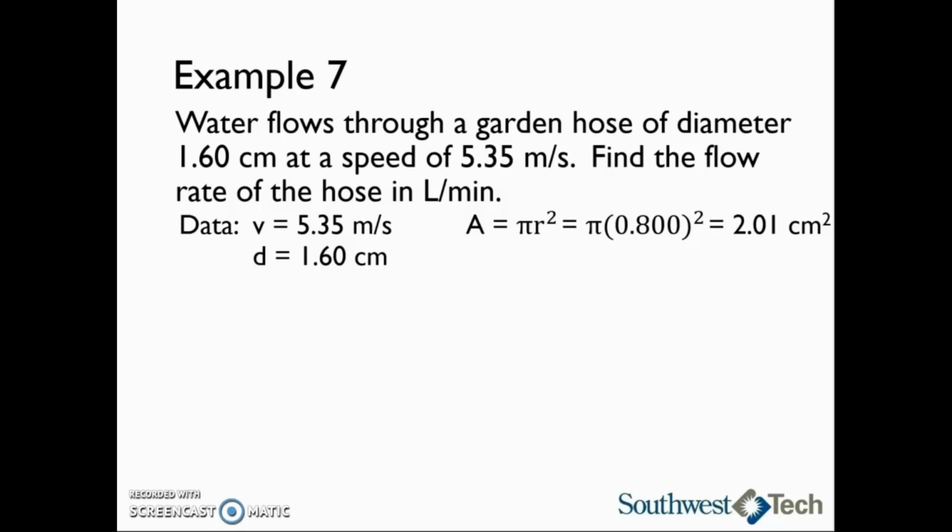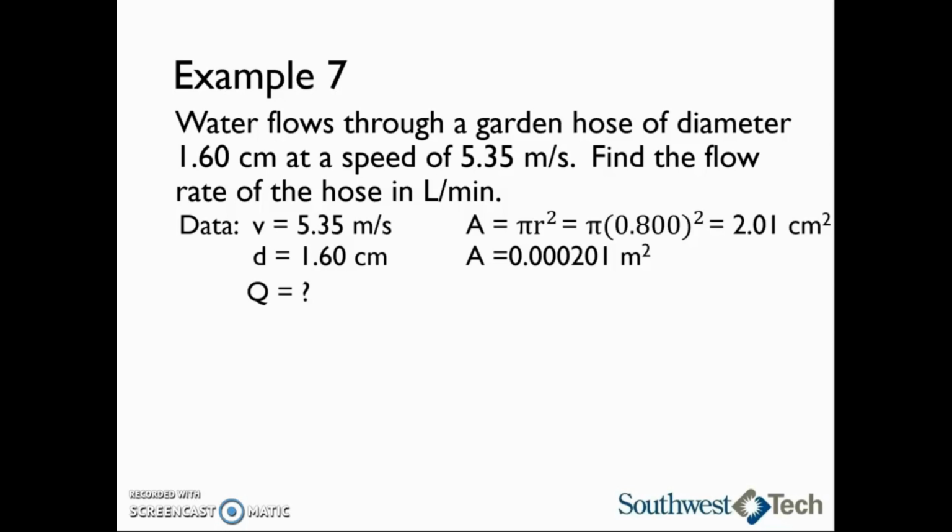However, because the velocity is in meters per second, we need our area to also be in square meters. To convert square centimeters to square meters, we will divide by 100 times 100, or 10,000. This gives us an area of 0.000201 square meters.